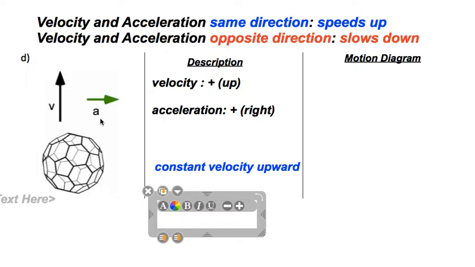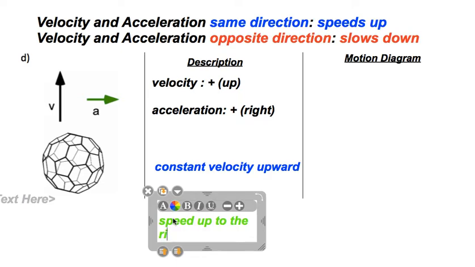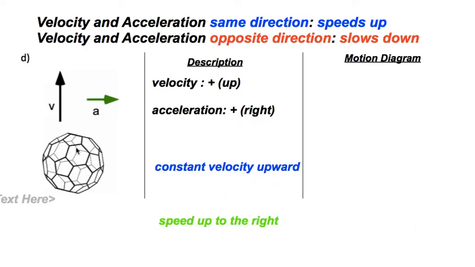So it will accelerate because of that acceleration, but that's only accelerating to the right. So it will speed up to the right. So kind of two different motions here. Constant velocity upward, speeding up to the right.